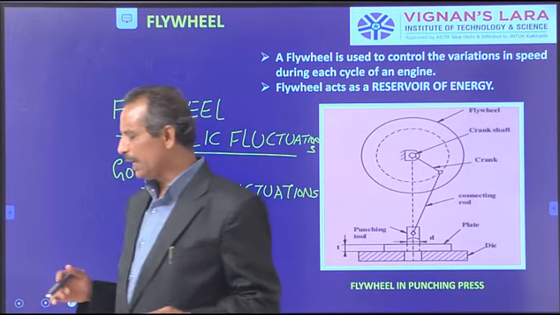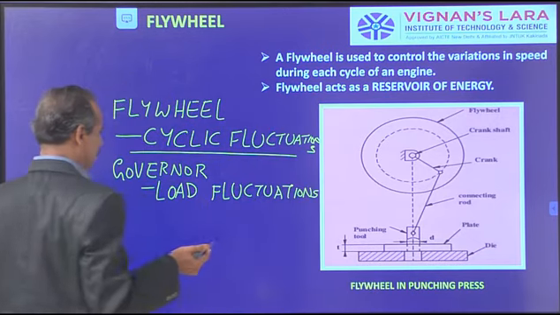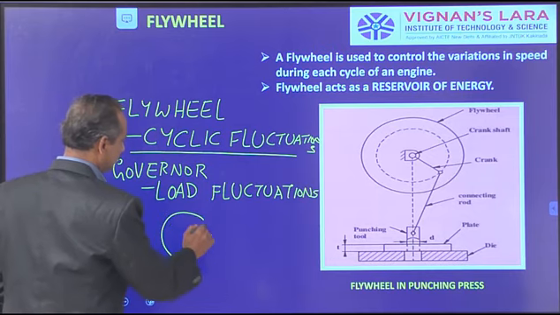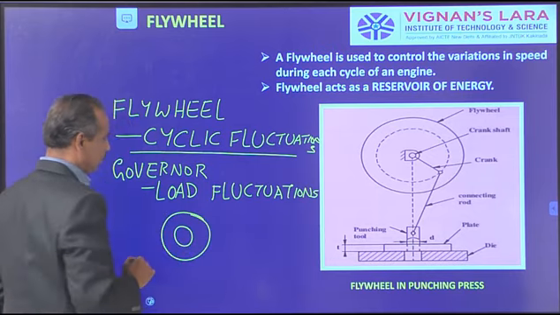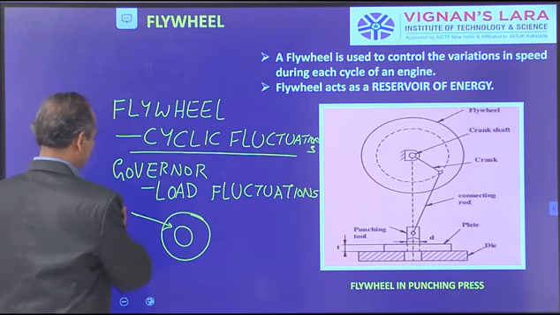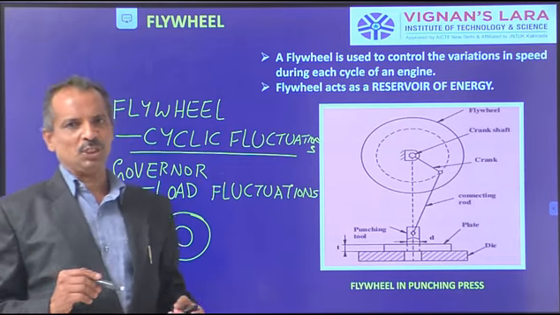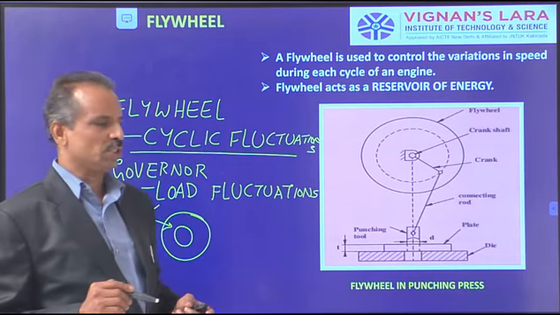Let us take a simple example. I need to prepare a washer. This is a washer, made by means of a punching machine.